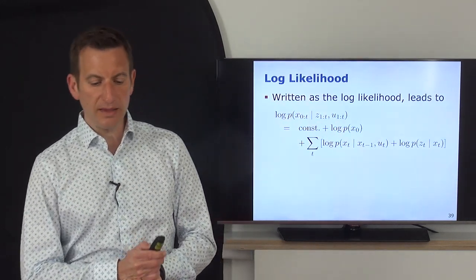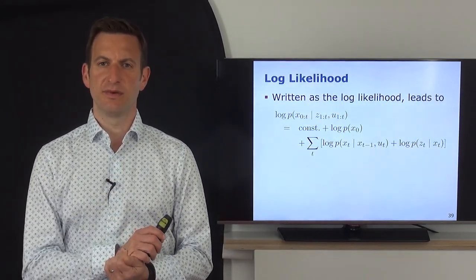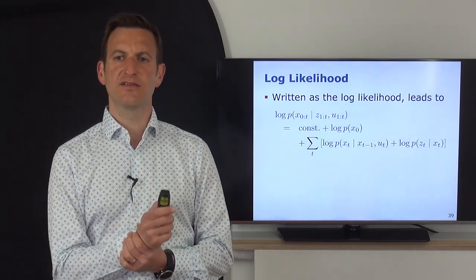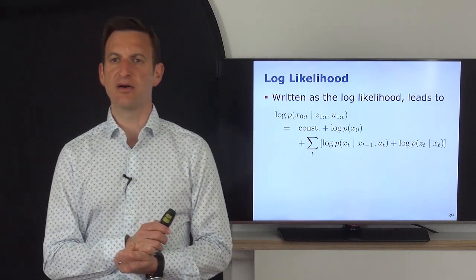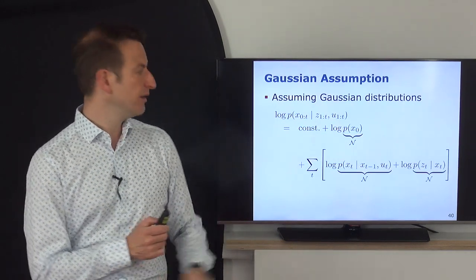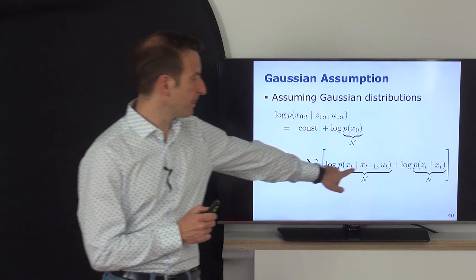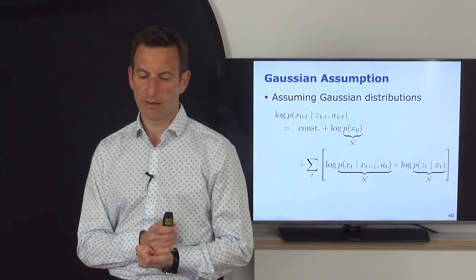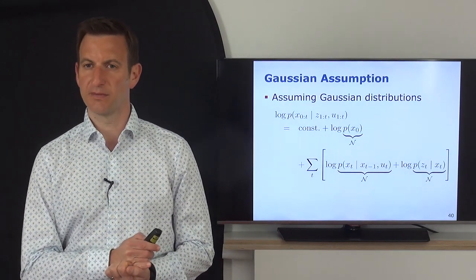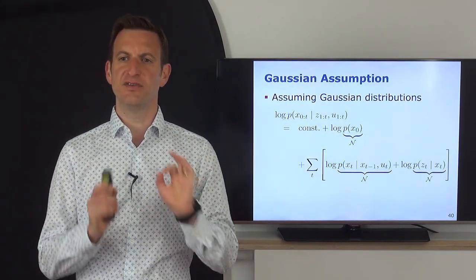Okay? And now I'm making an assumption. Let's assume all these probability distributions in here are actually Gaussians. So the prior is a Gaussian, my motion model is a Gaussian, and my observation model is a Gaussian. So this is an explicit assumption.